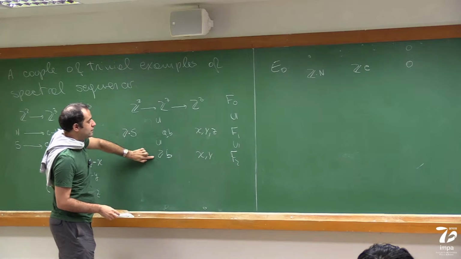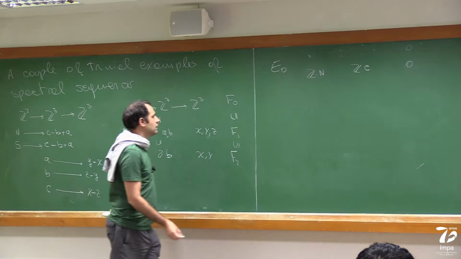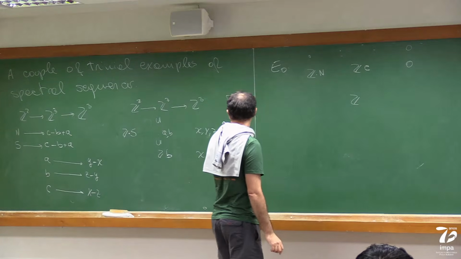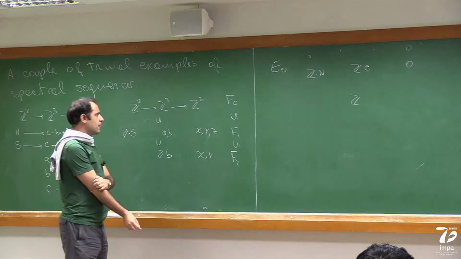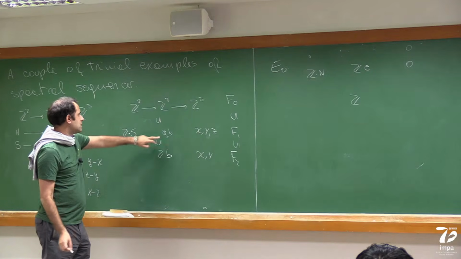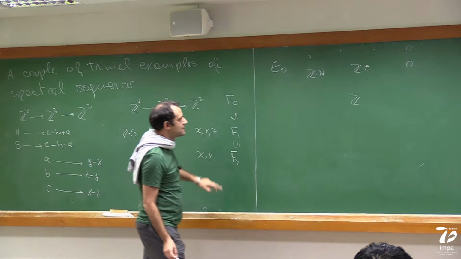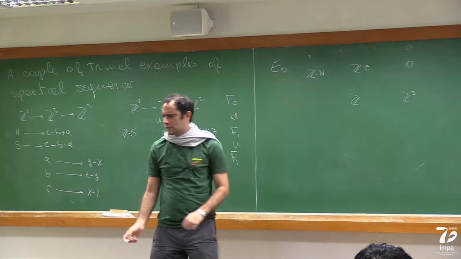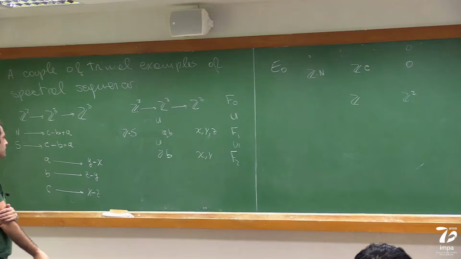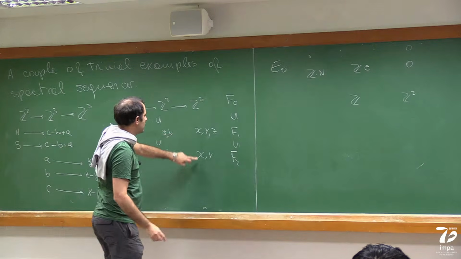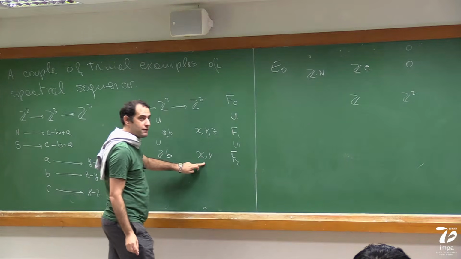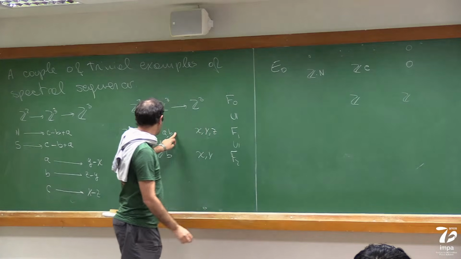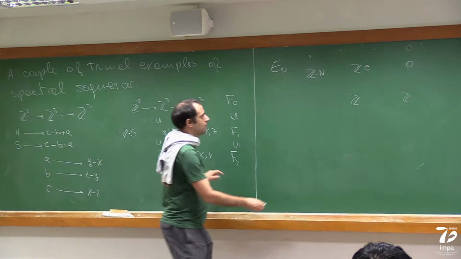So now if I look at F1 modulo F2, well, then I'm going to have some Z here, which is A, its generator, and I'm going to have some Z2 here, which still looks very funky. So let's try to fix this. Oh, no, I'm sorry. This is going to have a Z here, which is this Z3 divided by Z2. So what are the bases for this? For this guy, I'm going to have A surviving.